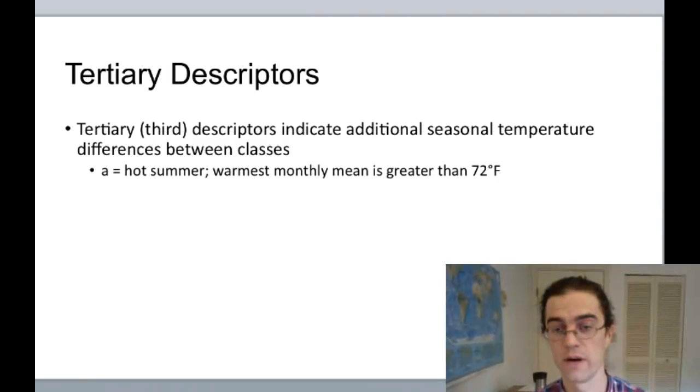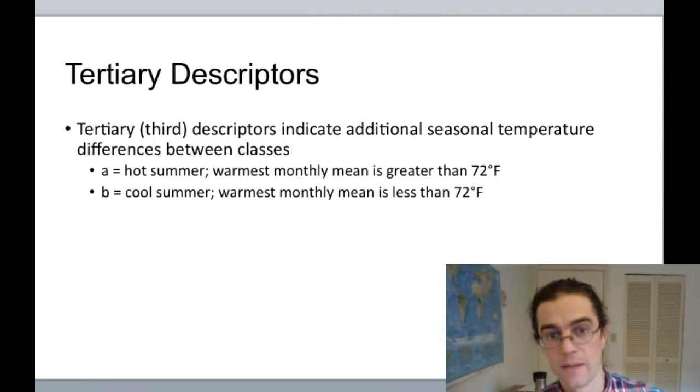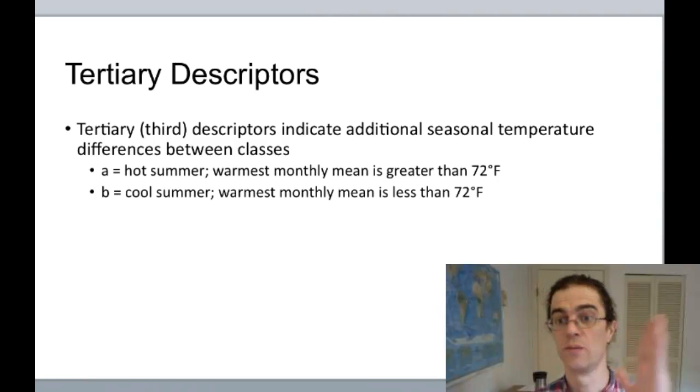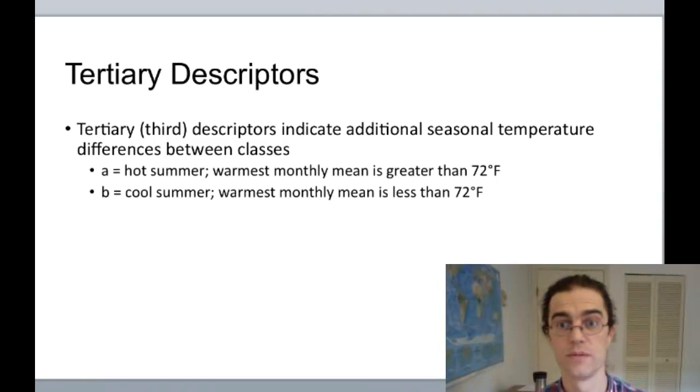I'm just going to stick to Fahrenheit for this whole lab, but it's good to keep those in mind. B for cool summer, the warmest monthly mean is less than 72 degrees Fahrenheit. It's an interesting west coast of North America correspondence there between those two.